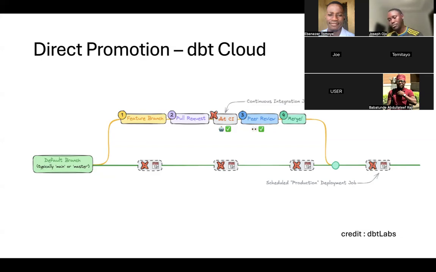Someone creates a branch of the main or master, they develop on their branch, they raise the pull request. Now, before that pull request gets reviewed, you want to make sure that the code is still valid, or whether there is an error that might not be easy to spot.